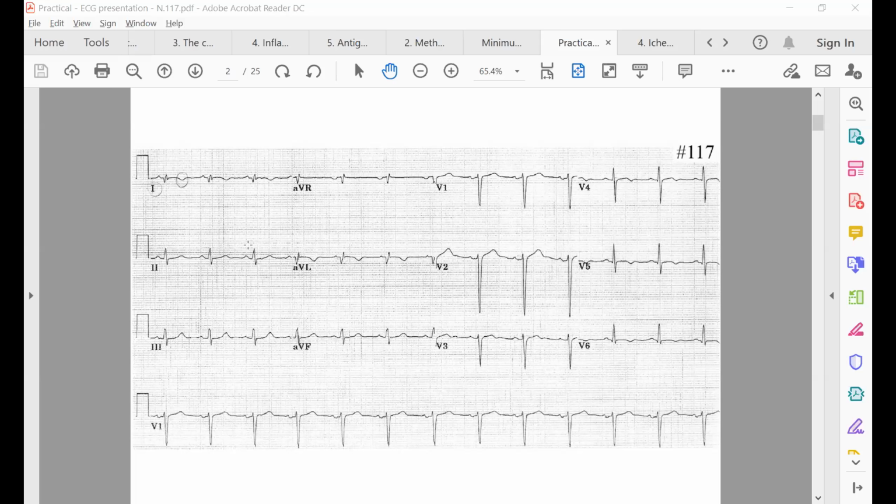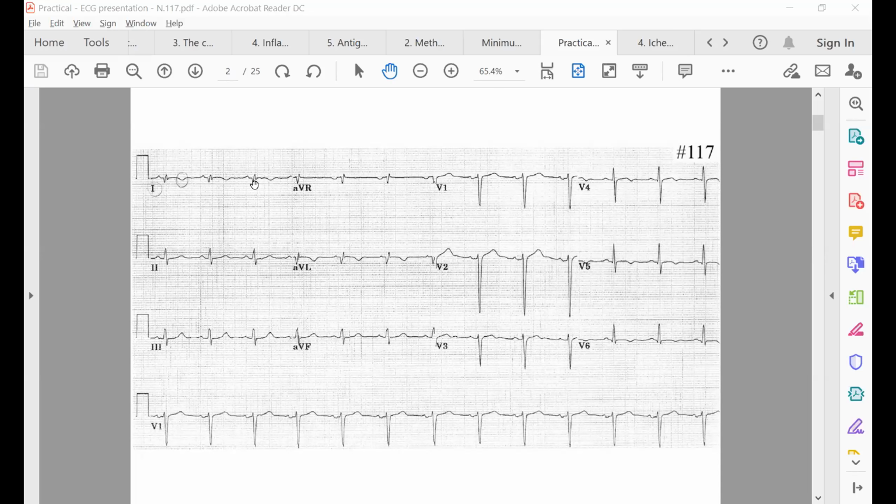Now, PR interval is fine. QRS complex is narrow. The obvious sign, which is also circled here, is there seems to be a T inversion in lead 1, as well as I haven't heard anything about the pathological Q wave. No, we don't have.